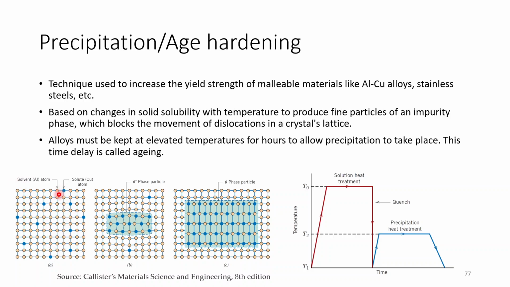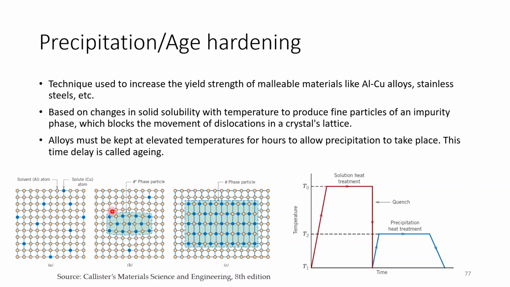Here you can see the aluminum matrix and the solute copper atoms. These atoms will come together when they are heated, when they are given the precipitation heat treatment. They come together and form theta double prime phase and subsequently theta phase.